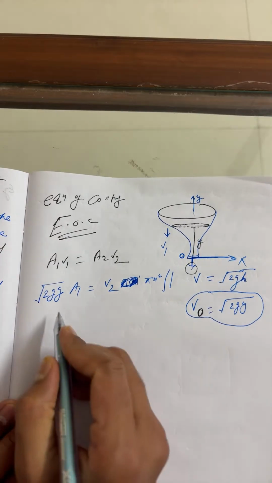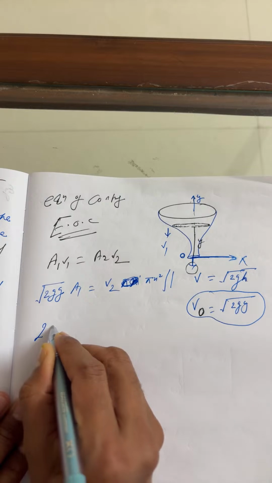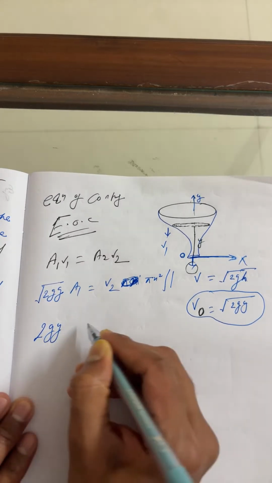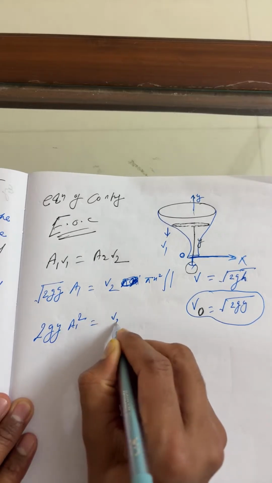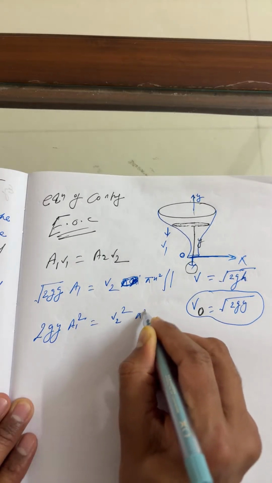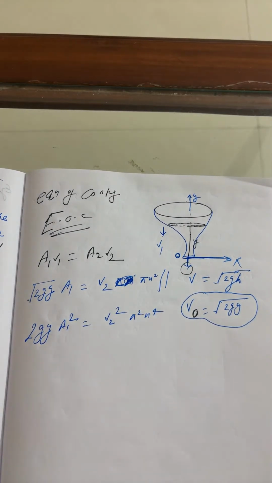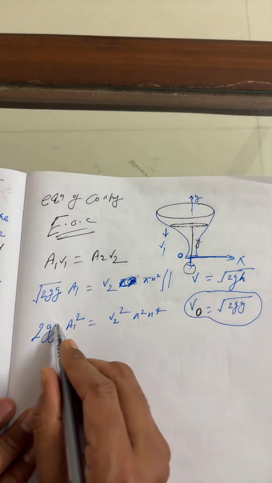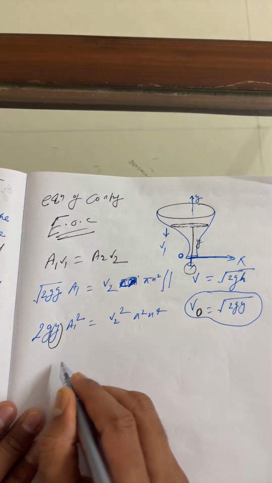Now, just squaring both sides, we get 2g y A1 square equals V2 square pi square x to the power 4. Basically we wish to find the equation.